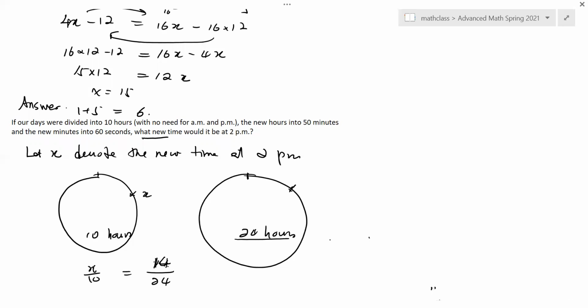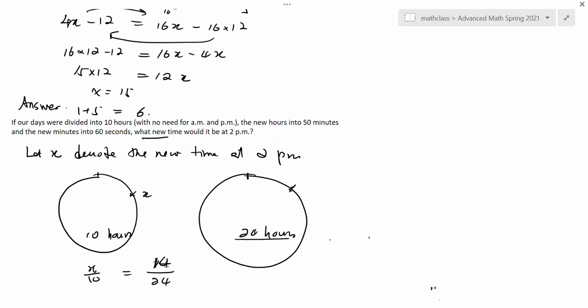So 24 hours is equal to 1 day. This cannot be changed, right? In either system. On the right hand side, you divide the whole day into 24 hours. On the left hand side, you divide the whole day into 10 hours.